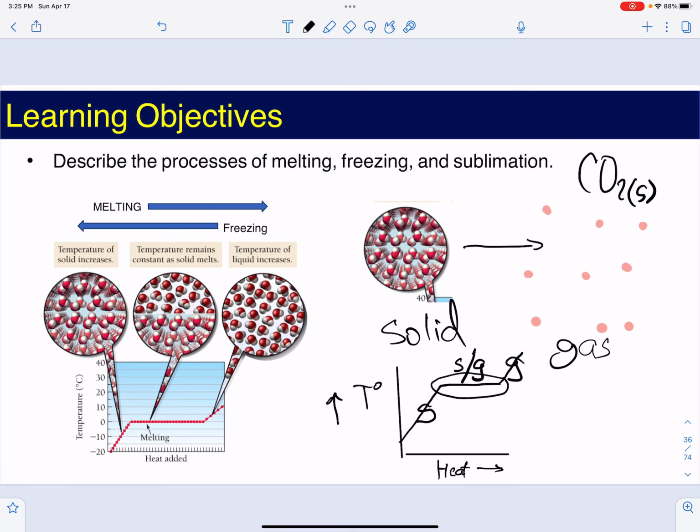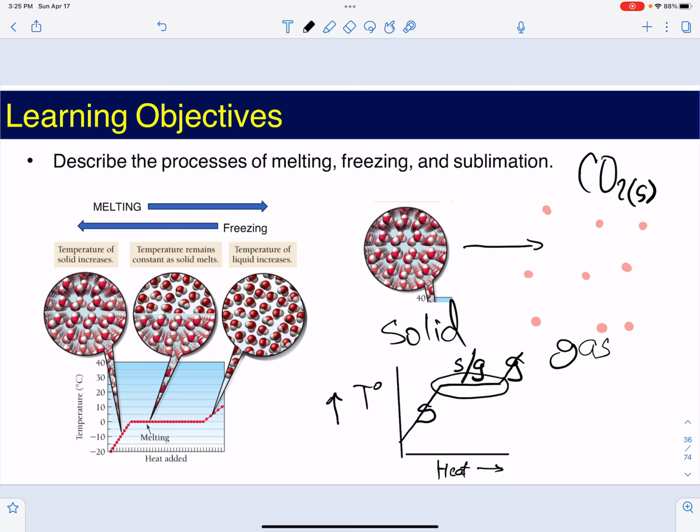You can also observe it on water when it's a little bit below 0 degrees Celsius. So it's a different process. So the processes that we have are vaporization, or the opposite, condensation, melting, or the opposite, freezing, and then we have sublimation.